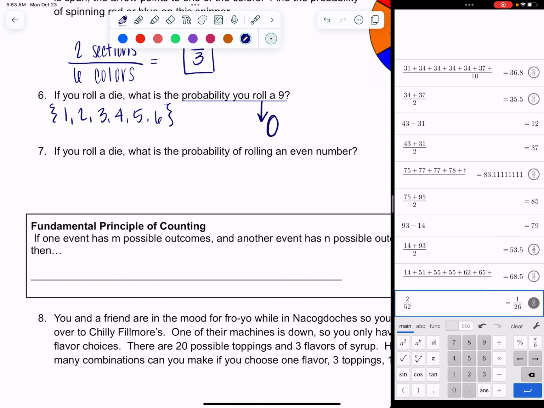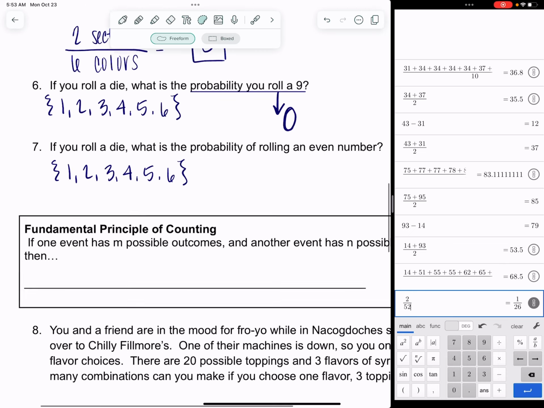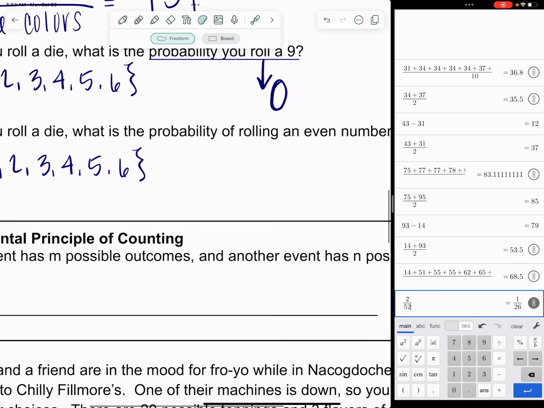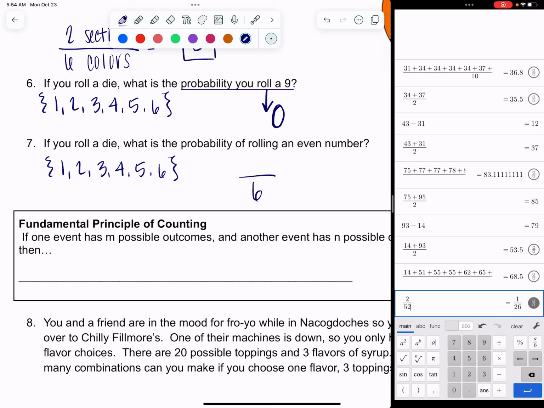If you roll a die, what is the probability of rolling an even number? Well, I am going to get our sample space from right up here. I'm cheating a little bit and I'm totally fine with it. We have 6 total possibilities. Come on, we want an even number.